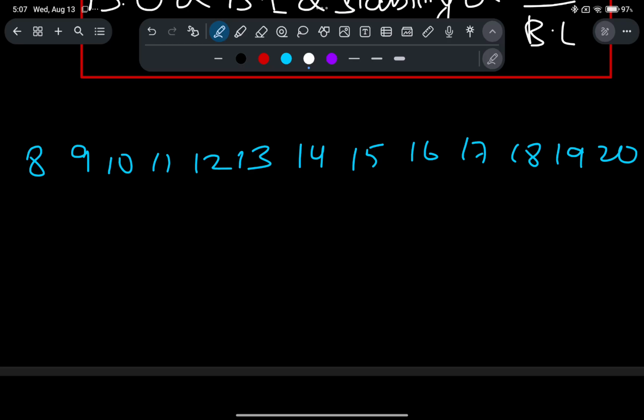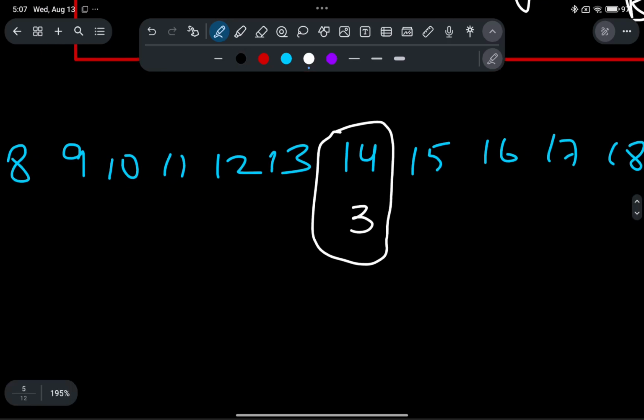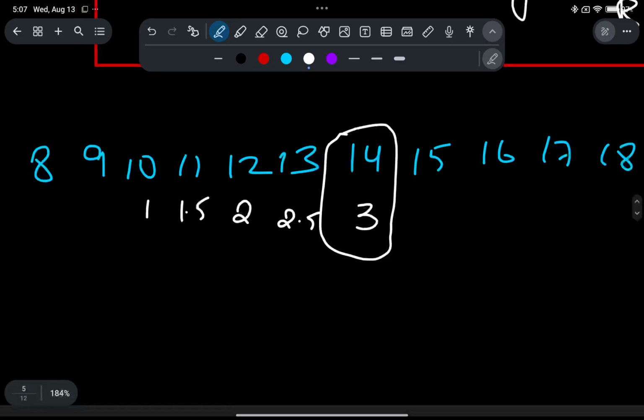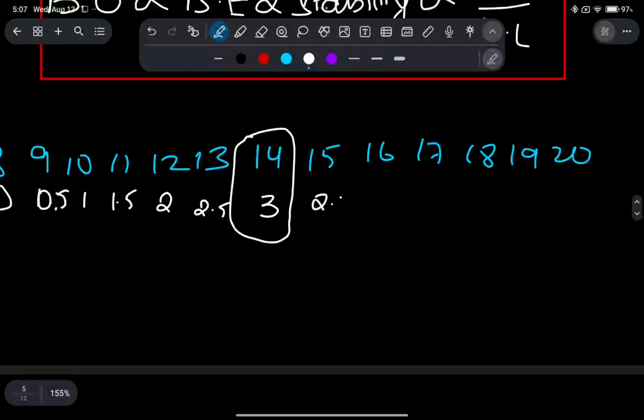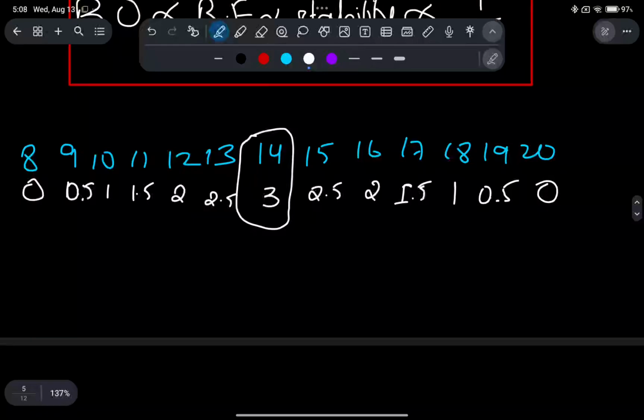14 means 3. First you should know the value for 14. 14 means 3, the middle number. From 3 you decrease the number like 2.5, 2, 1.5, 1, 0.5, 0, and on the other side also 2.5, 2, 1.5, 1, 0.5, 0.